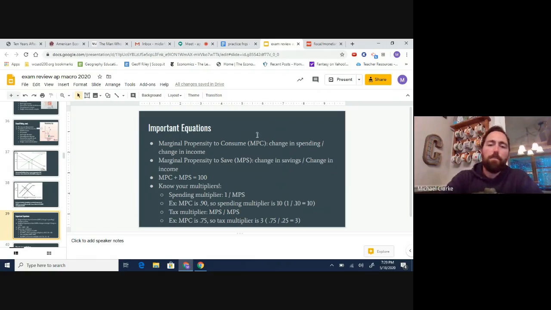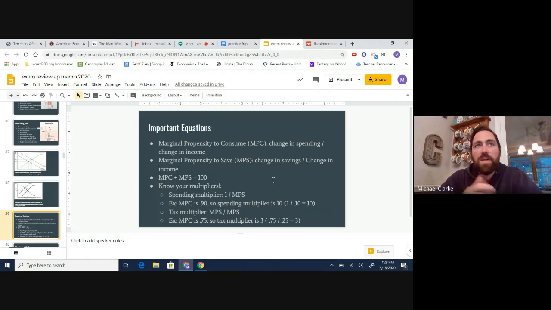Here's how you figure it out. You take the change in spending and divide it by the change in income. Again, I gave you $1 and you spent, say, 90 cents of it. The 0.90 would be your change in spending. The change in income would be the dollar. 0.90 divided by 1 would be 0.90. Your marginal propensity to save is your change in savings divided by your change in income.